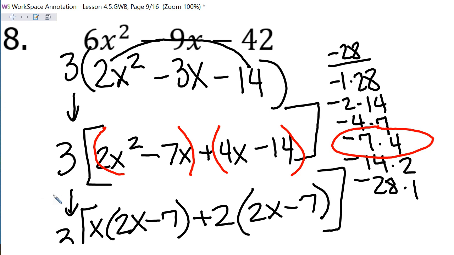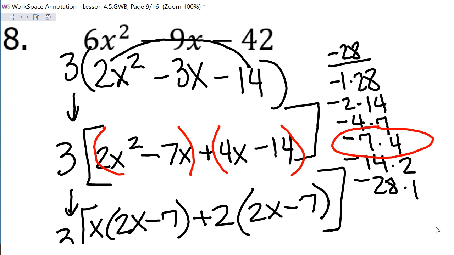What is the binomial that they have in common? 2x minus 7. And what's the GCF? We had x and the plus 2. So x plus 2. Now again, yes, 2x minus 7, 2x minus 7, those should match. If they don't match, you made a mistake somewhere.